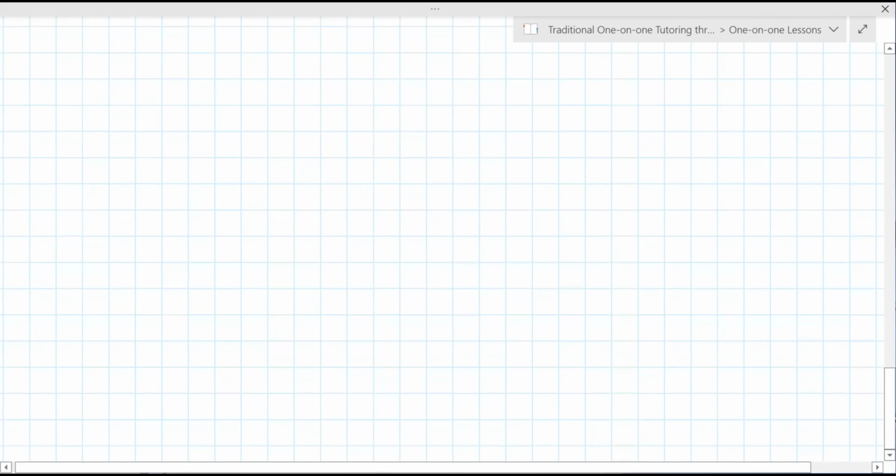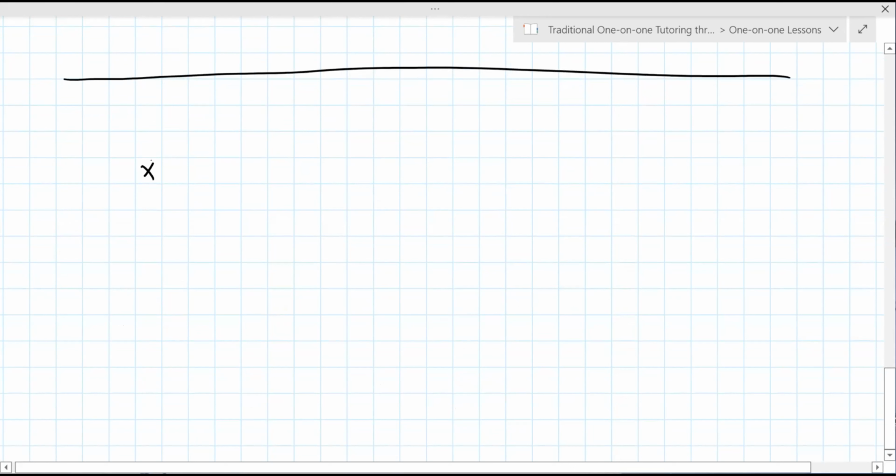Okay, let's try another one here. Let's go x squared minus 16. Can I do this one on my own? Yes. You scroll up really quick. Of course.